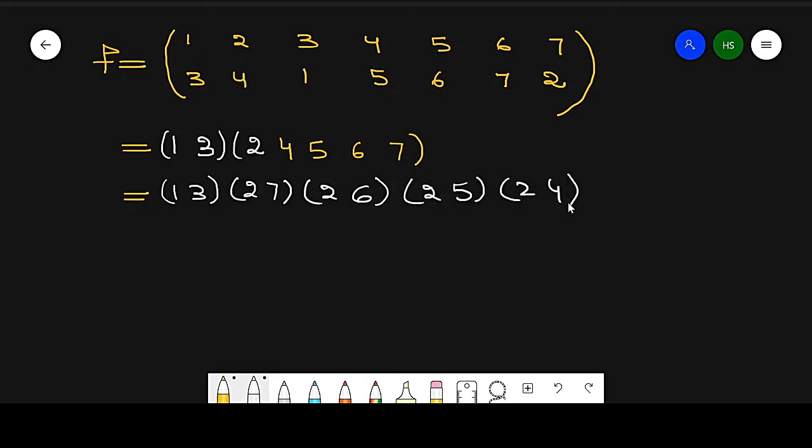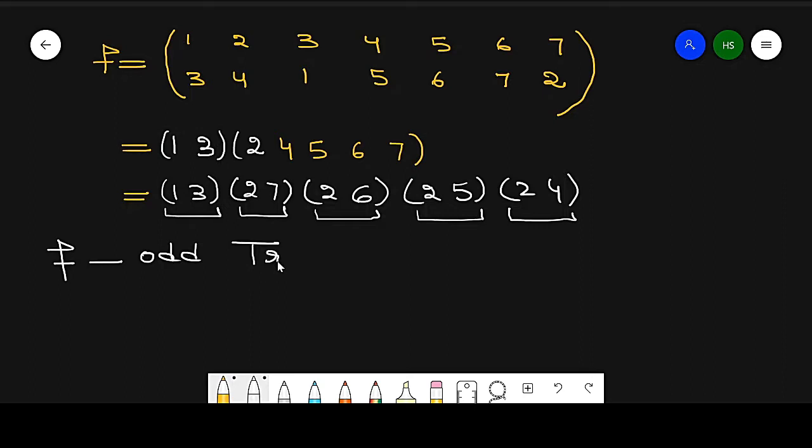In this way we can write it as the product of transpositions. Now this is 1, 2, 3, 4 and 5. So 5 is odd. So this f is a product of odd transpositions.